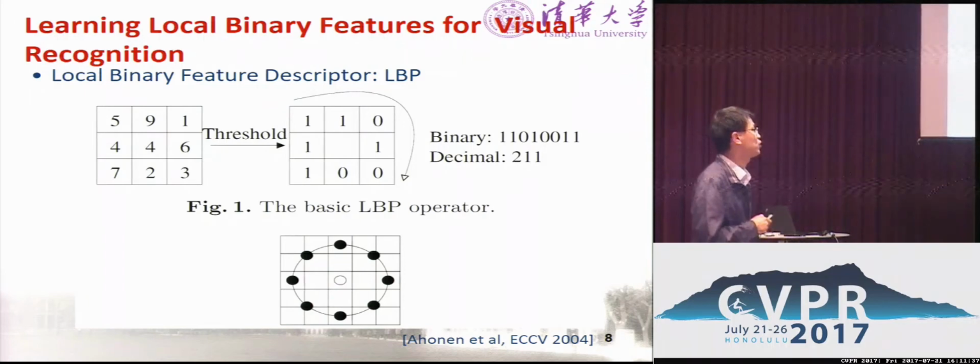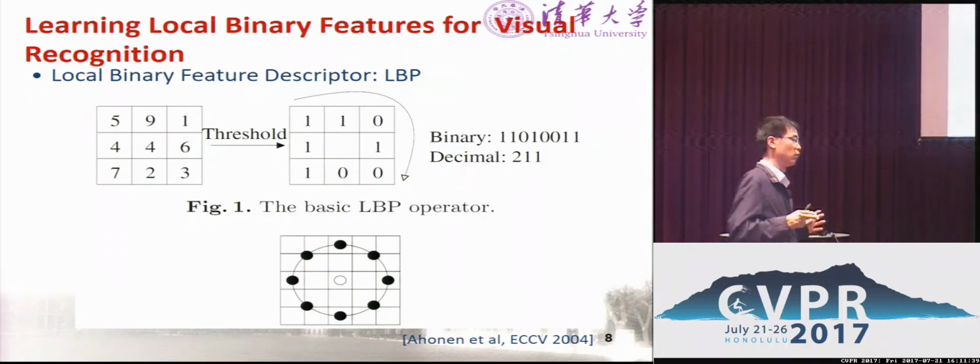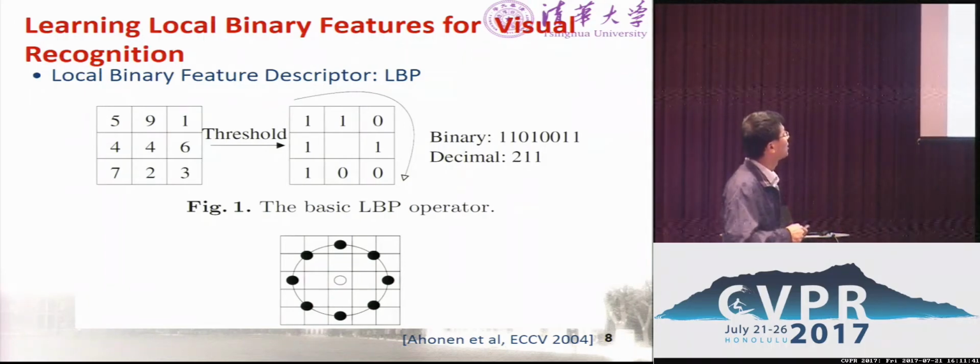For LBP features, given an image, we first sample a patch from the image, and then we compare the pixels within this patch and compute the difference between the pixels around the central pixel and the central pixel.